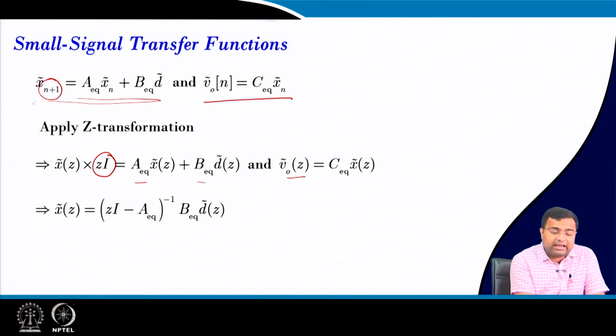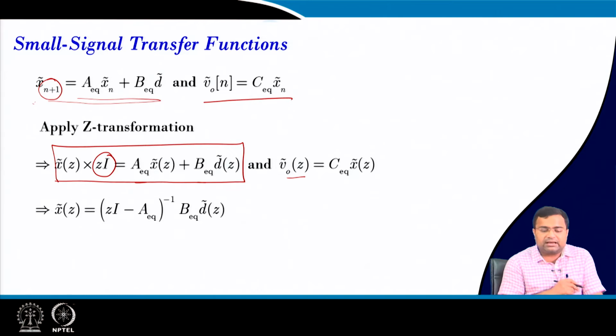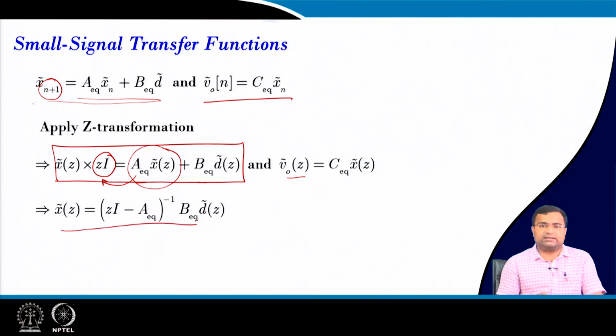Now, X(z) from this equation: if you take this term to the left side, you can take X tilde(z) common, it will be (zI minus A equivalent) inverse times B equivalent into d tilde(z).